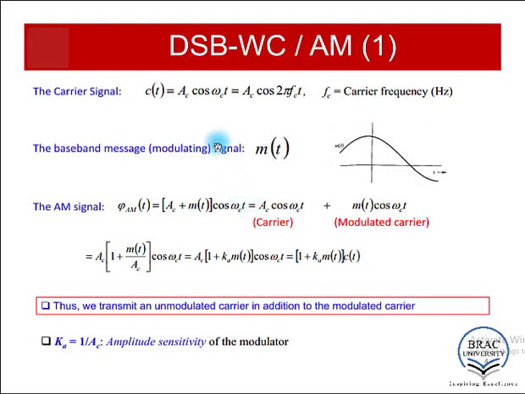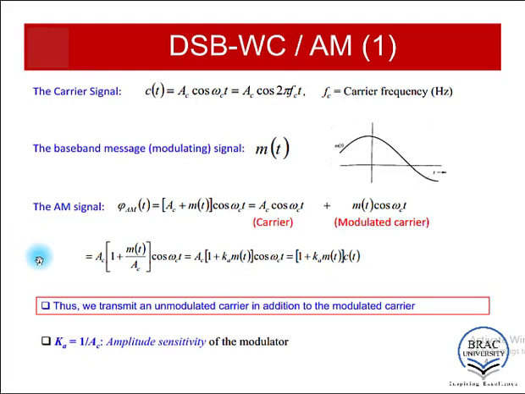Now, here you can see a carrier signal denoted by c(t), whose amplitude is Ac and frequency is fc. This is a periodic cosine wave. We typically use cosine or sine waves as carriers, and the message can be any signal. Let's consider this message signal m(t). If we are modulating this message signal with this carrier c(t), the amplitude of c(t) should vary with the message, right?